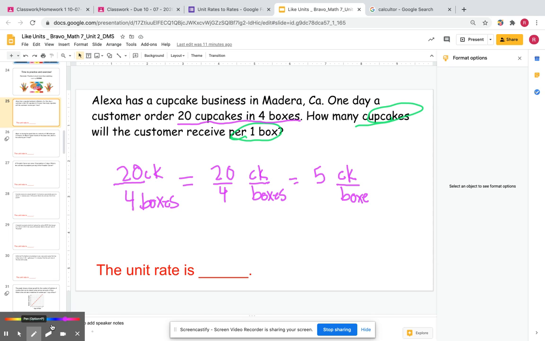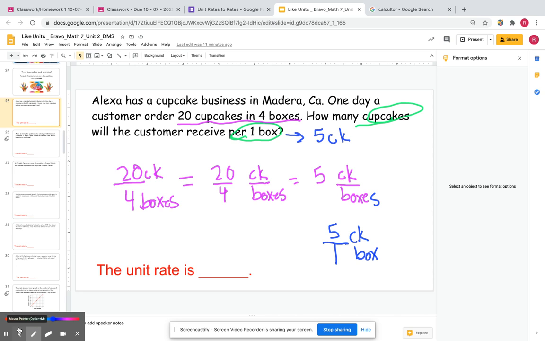So before you answer this question, we're going to write 5 over 1. That's cupcakes, and this is box. Write the S over there. So for 5 cupcakes in one box, how many cupcakes will the customer receive? She's going to receive 5 cupcakes.